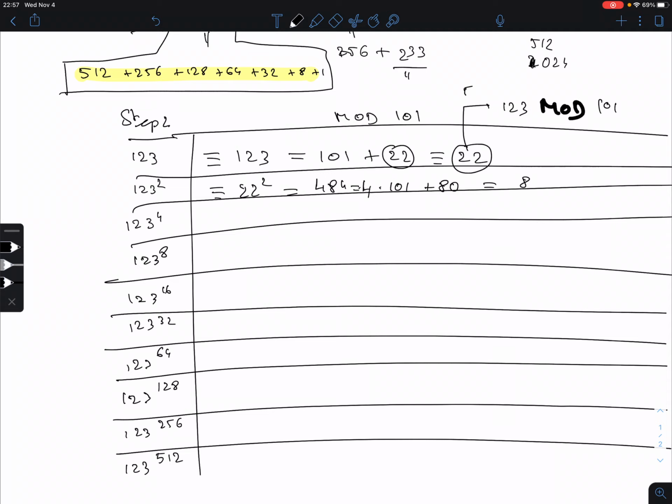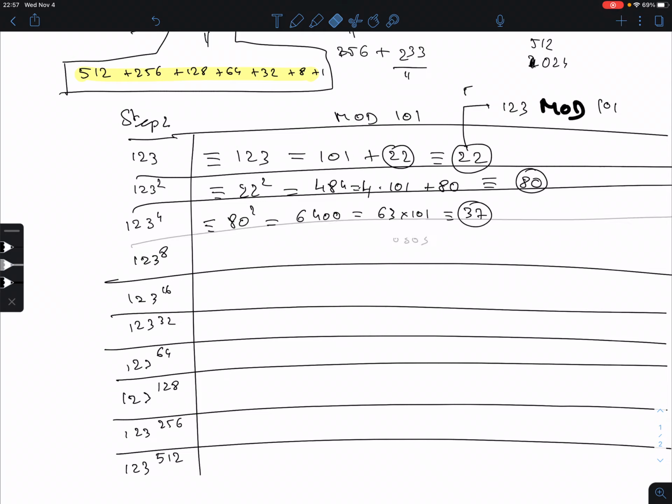So I know that this is equivalent to 80. One more time, this is the same as that, so if I square this one, I can square that one. And so I get 80 squared, which is 6,400. Now 6,400 is 63 times 101, which is 6,363. So what I'm missing is 37, right? So this is 37.